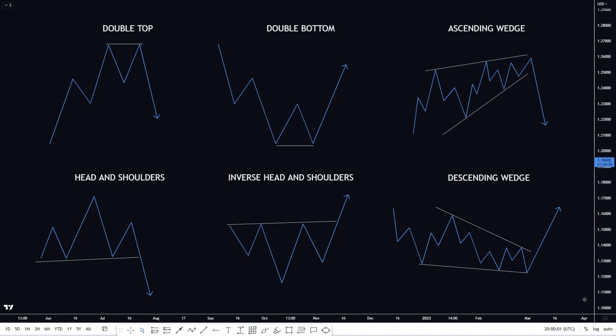So by having these different variations in your mind, you'll be able to act in the moment, update your analysis, and realize that, oh okay, this isn't a 3-touch channel, now it's an ascending wedge, or maybe this isn't a double top, maybe it's some kind of inverse head and shoulders.